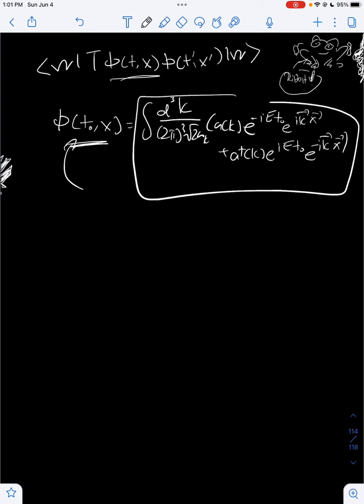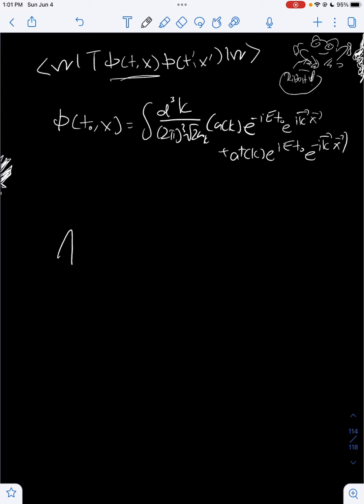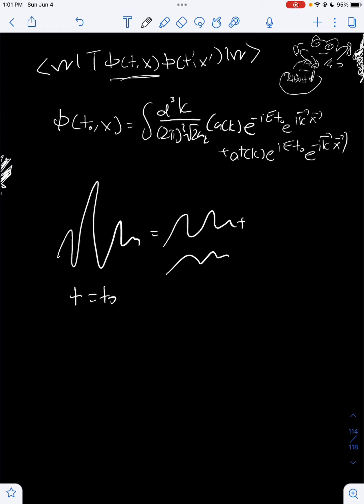No, this is simply at some moment in time called t naught. We're not saying that phi of t, x is this, because then that would be a free field. Instead, we're looking at the interacting field at some moment in time, t equals t naught, and expanding it in terms of a Fourier series, pretty much.